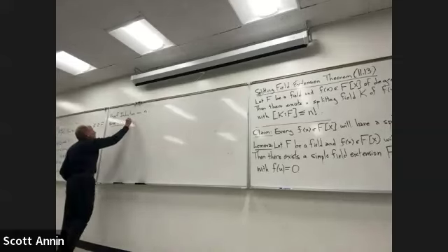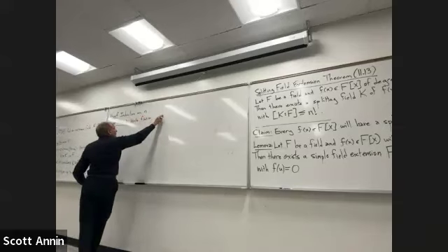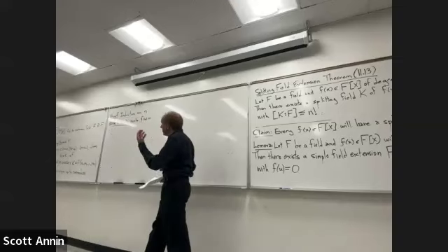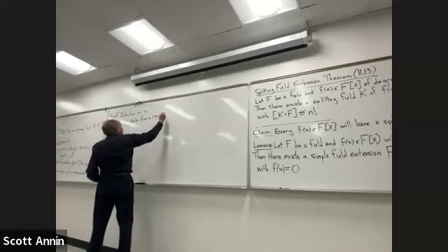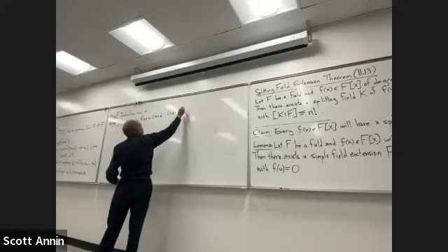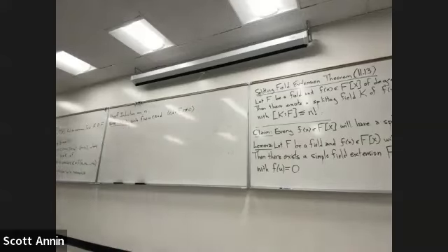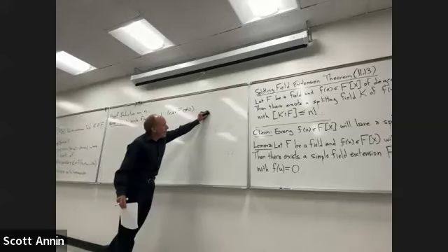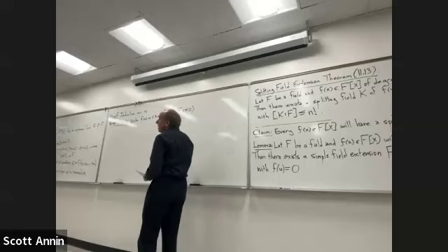In this case, we can write our polynomial f of x as just a degree 1 polynomial, right? So we can write it as cx plus d, where c and d are in F, and specifically c should be non-zero in order for this to be a degree 1 polynomial. Basically it's already factored.